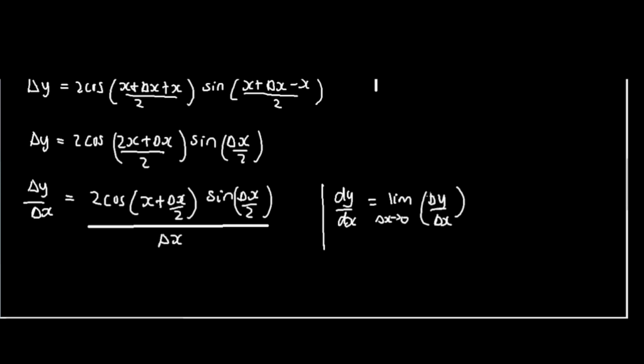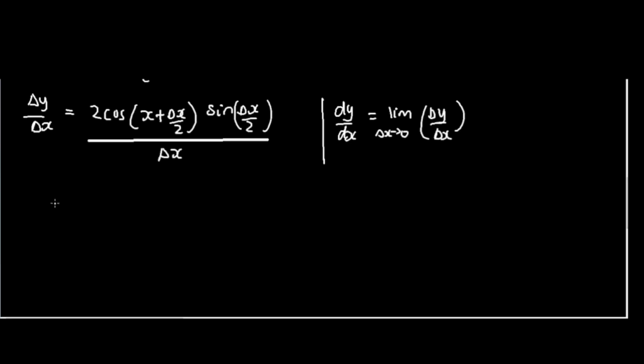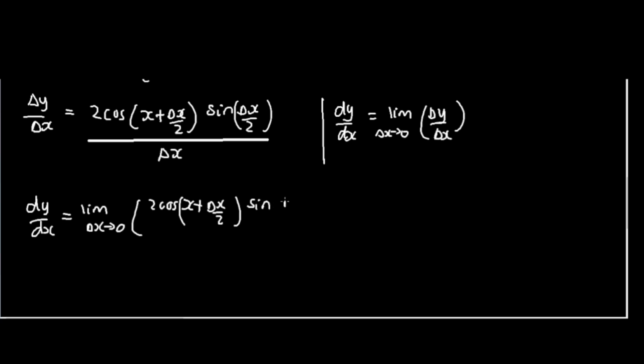So we are going to substitute for change in y over change in x here, and we shall have dy dx being equal to the limit as the change in x approaches 0 of 2 cos of x plus change in x over 2, then sine of change in x over 2, and all of this is being divided by change in x.